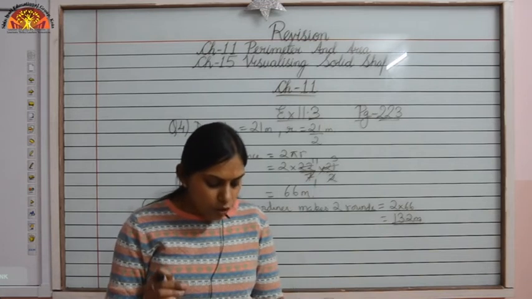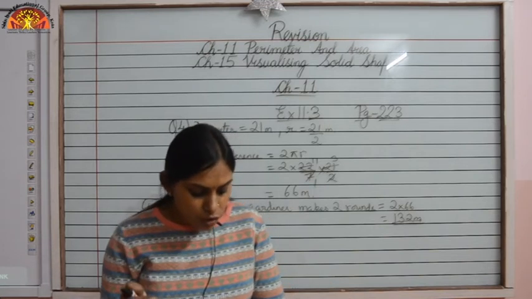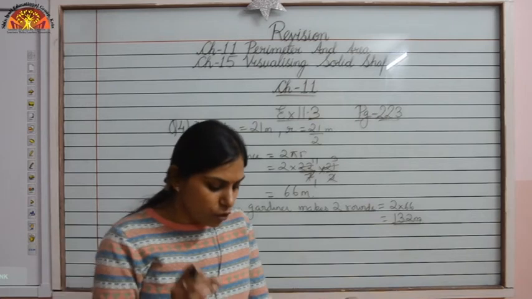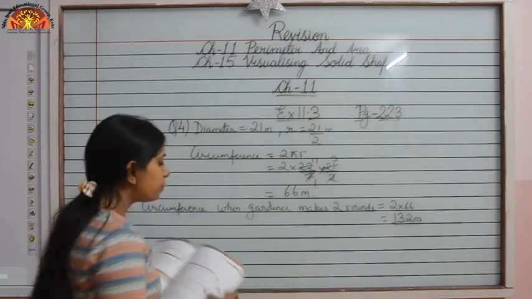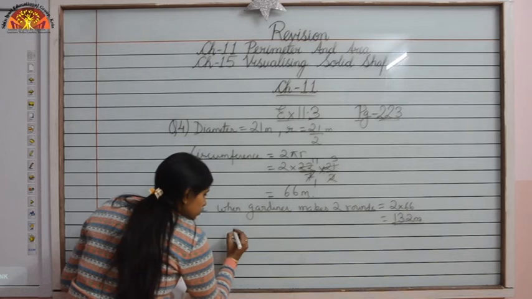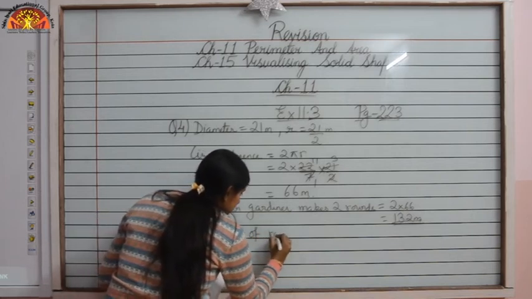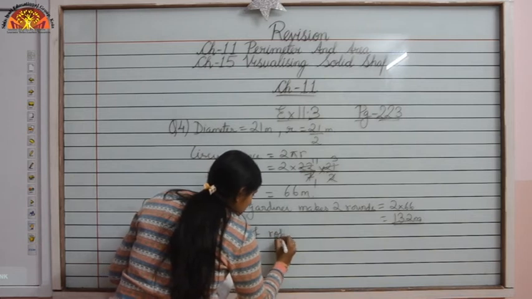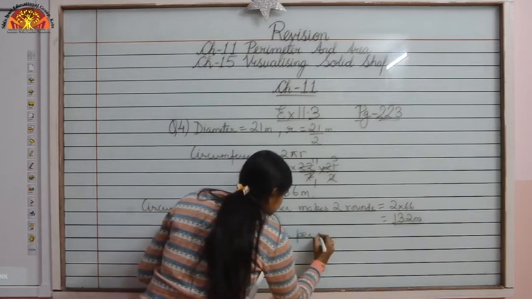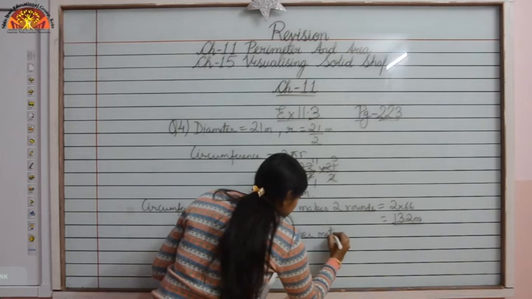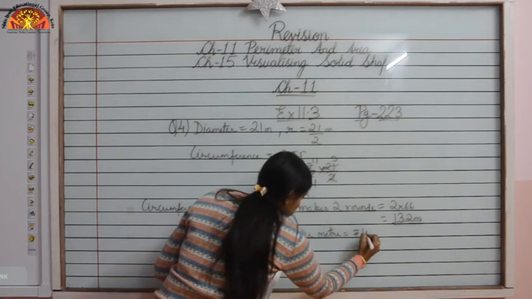Now find the cost of the rope if it costs rupees 4 per meter, okay. So what is the cost per meter? The cost of rope per meter is equal to rupees 4, okay.